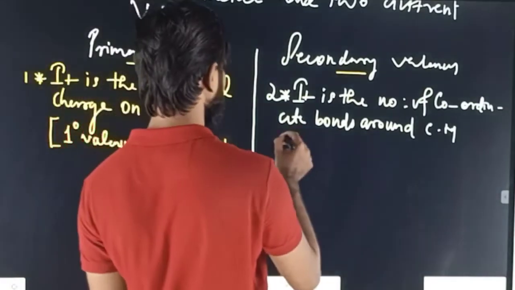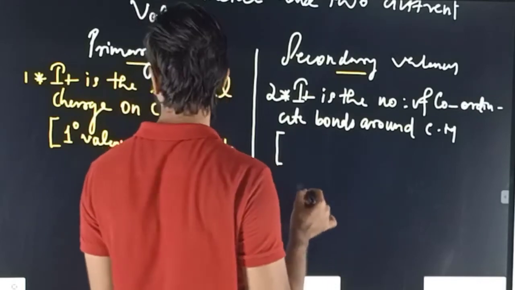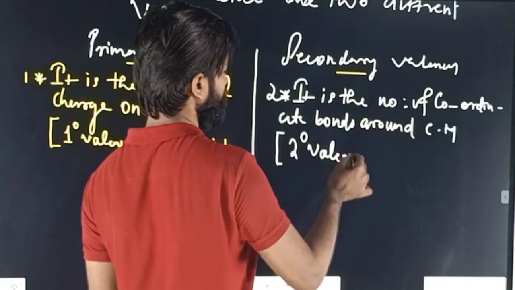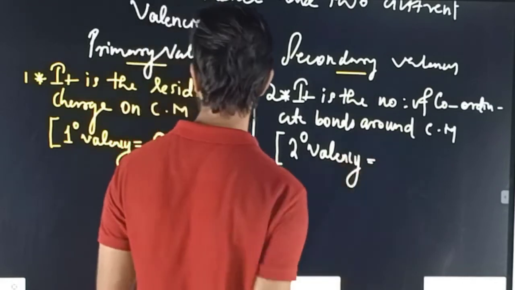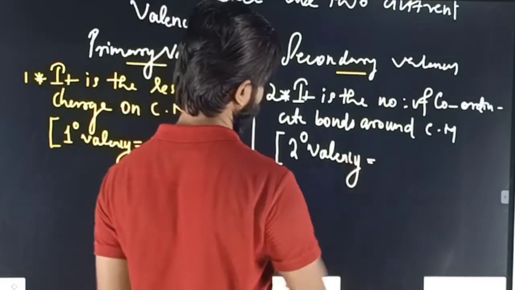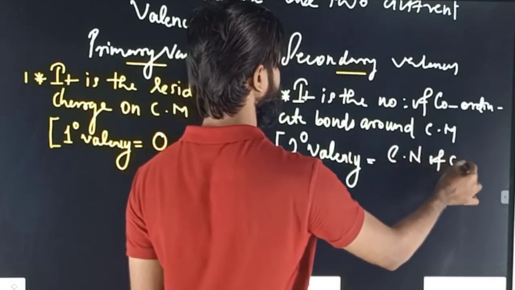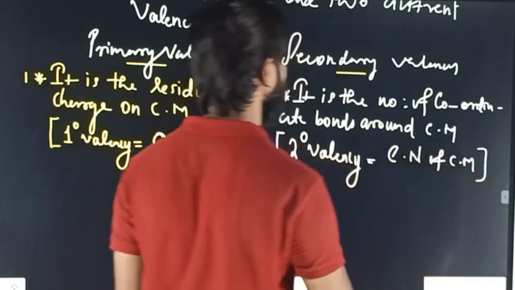So in today's terminology, the secondary valency is equal to the coordination number Cn of the central metal.